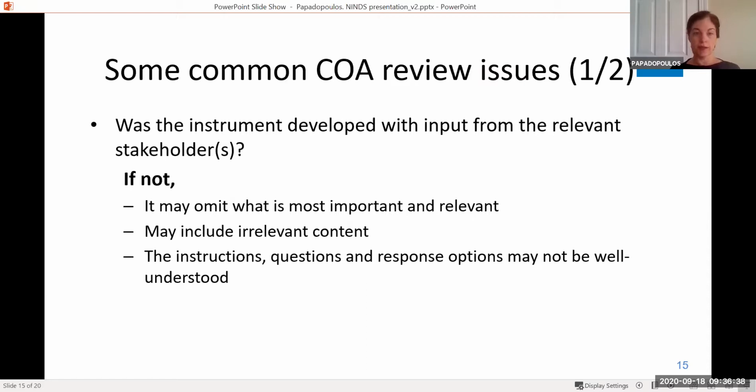It may include irrelevant content, or its instructions, questions, and response options may not be well understood. And this can lead to noise in measurement, as well as lack of clarity on what we're actually measuring and whether that is in alignment with what is intended.